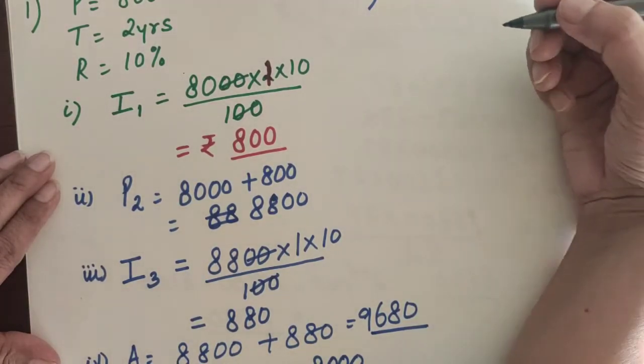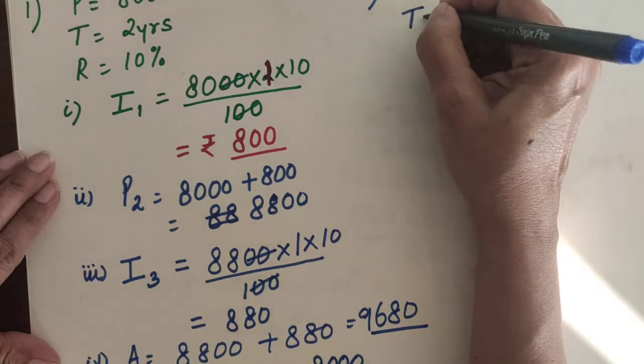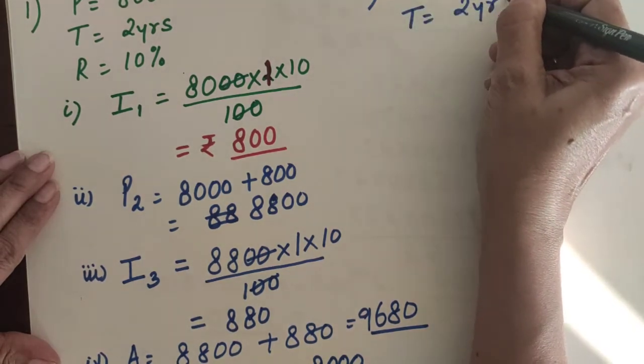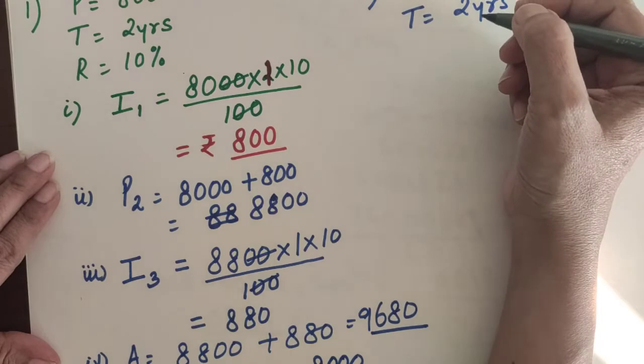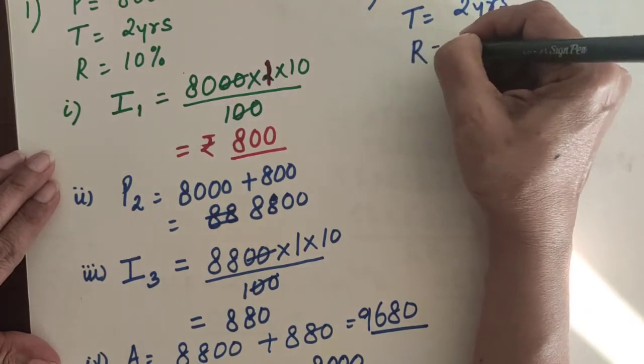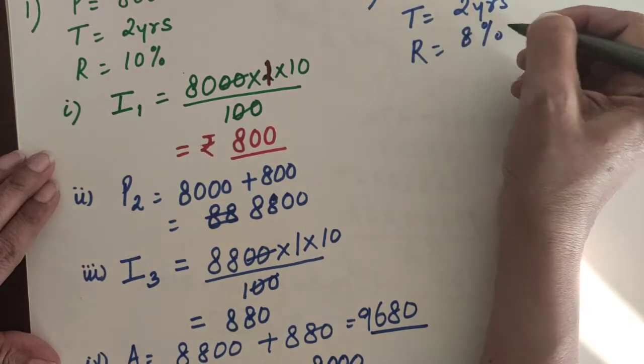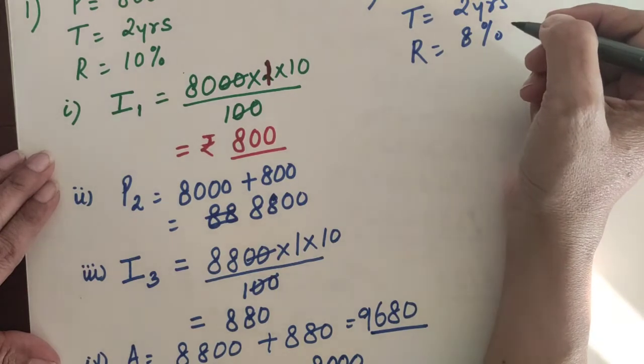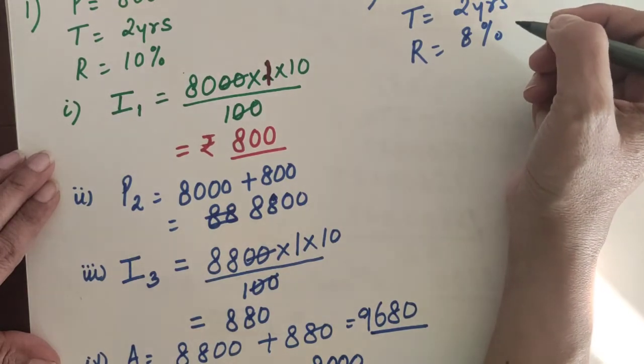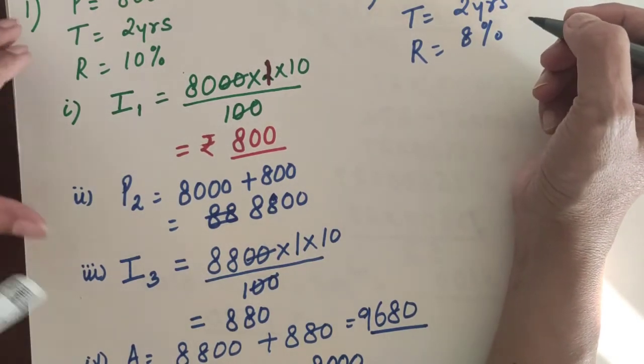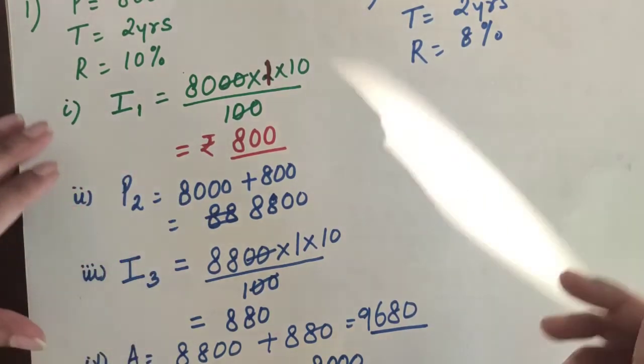And the time given here is 2 years. Rate of interest is 8%, and you have to find the interest for the first year.